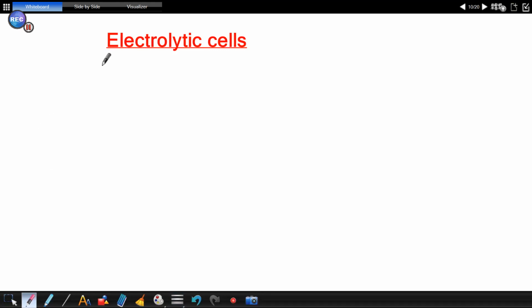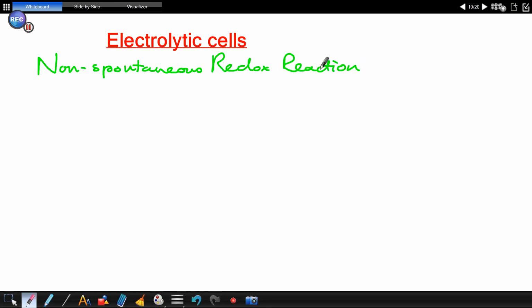Right, so the electrolytic cells involve non-spontaneous redox reactions. These reactions can only occur if you have a source of energy, electric energy.